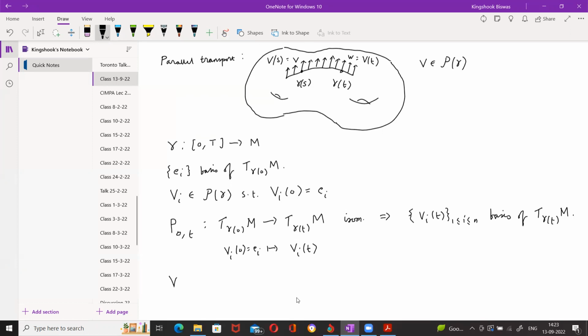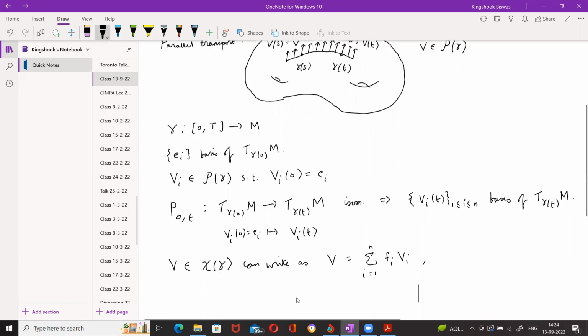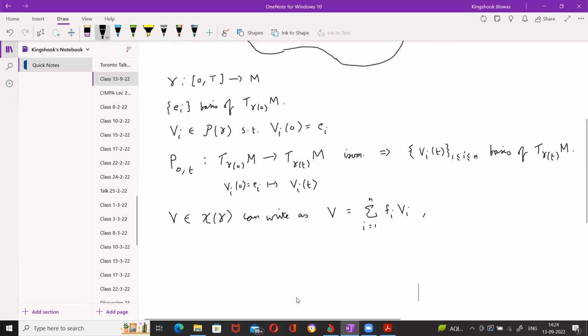Any vector field V along gamma I can write as V equal to the sum of f_i V_i, where the f_i's are functions along the interval I. Now the only thing to check is that these functions f_i are smooth.